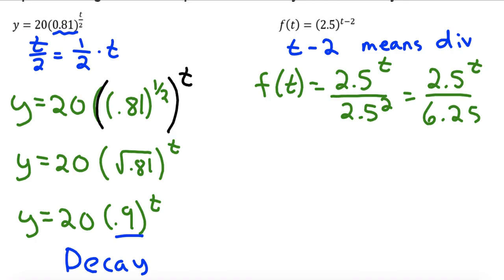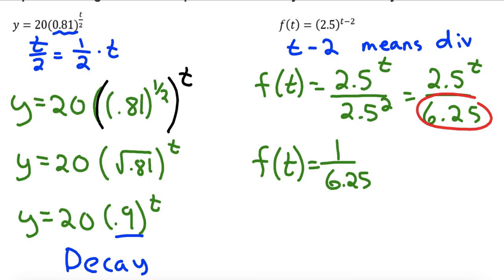Now, it doesn't quite look like a times b to the x yet. But remember, dividing by something is just like multiplying by a fraction. So we could rewrite it, f of t equals 1 over 6.25. So basically, I took the number part, moved it to the front, and then that leaves me with the times 2.5 to the t. So here's my a. It's a funky number, that's okay.